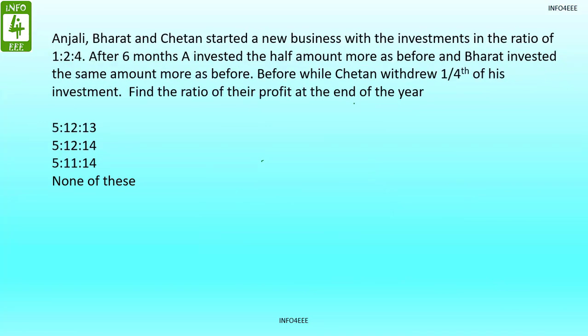So now in this question we have Anjali, Bharat and Chetan who started a new business with the investment in the ratio of 1 is to 2 is to 4. So the investment ratio, let's say the investment is X is to Y is to Z, in the ratio of 1 is to 2 is to 4. Now after 6 months, A invested half the amount more than before. So if you see the total amount of A, first A invested, let's say X amount for the first 6 months.